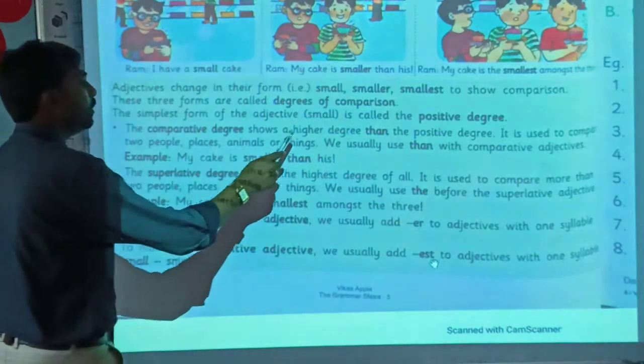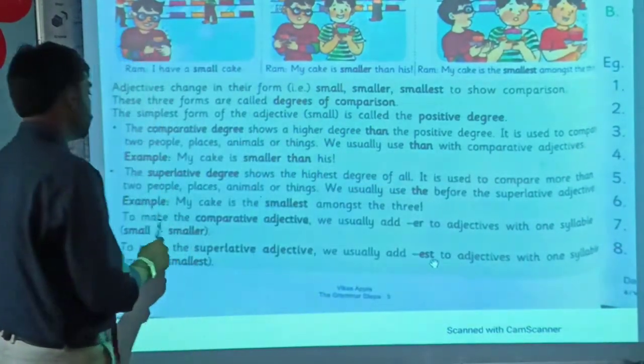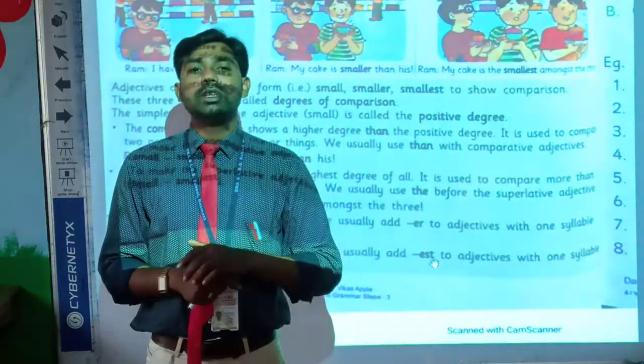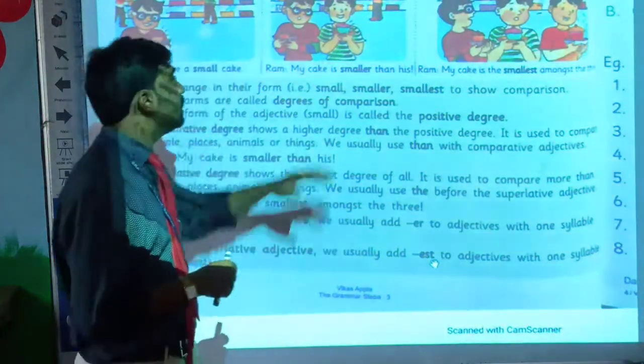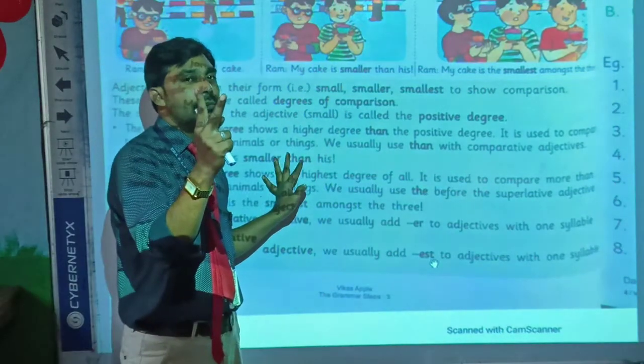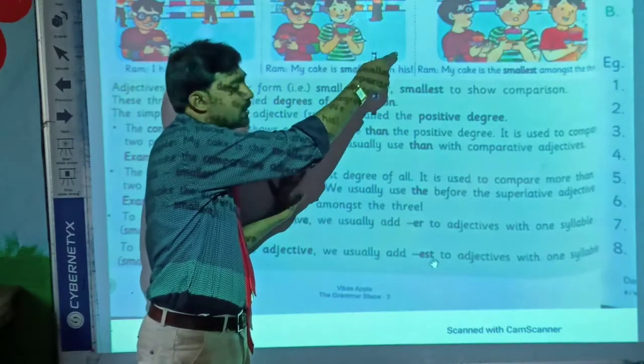Again, we usually use than with comparative adjectives. So if we are using comparative adjectives, we use than. We can see in the second picture that two cakes are compared: My cake is smaller than his.